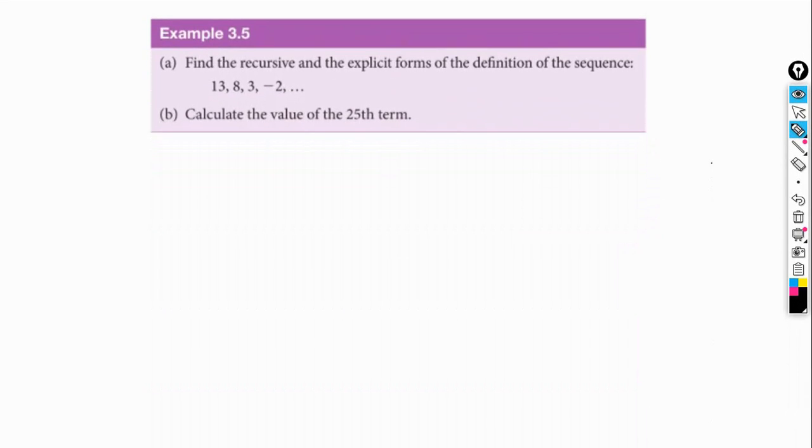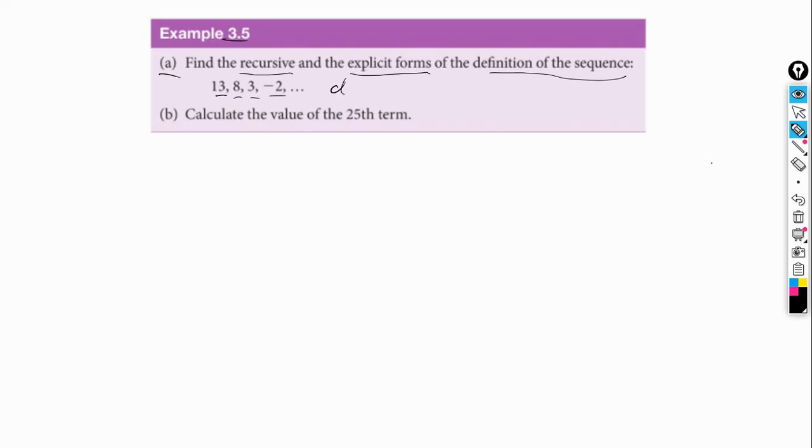So next we have example 3.5, and part A says find the recursive and the explicit forms of the definition of the sequence 13, 8, 3, -2. Let's remember that recursive implies using the previous term to find the next term. Notice that here the common difference is a negative number because it's decreasing by 5.